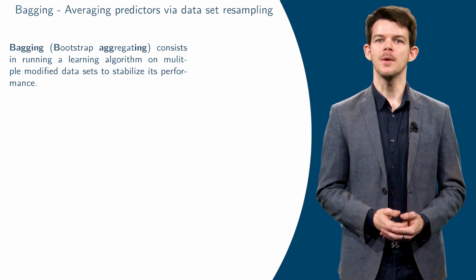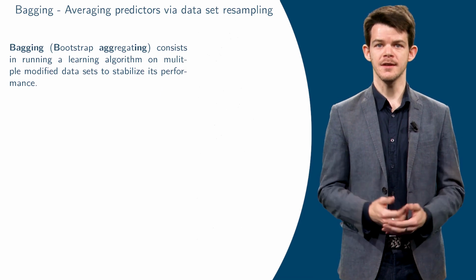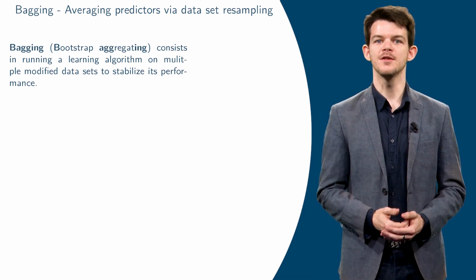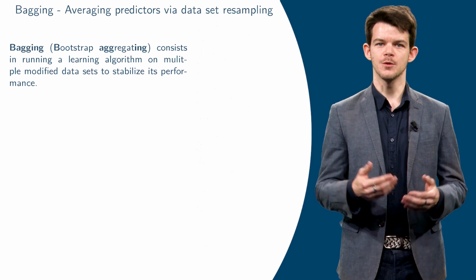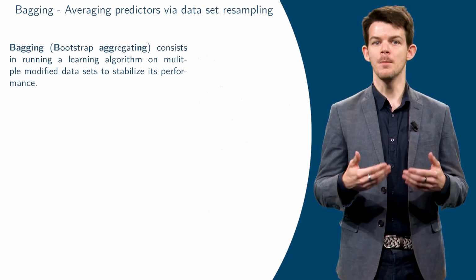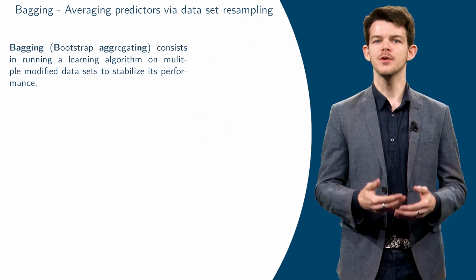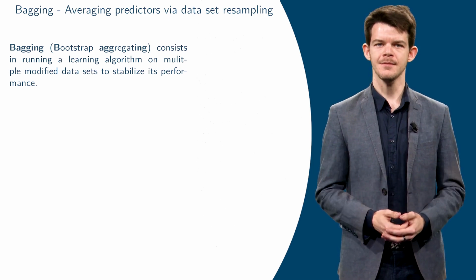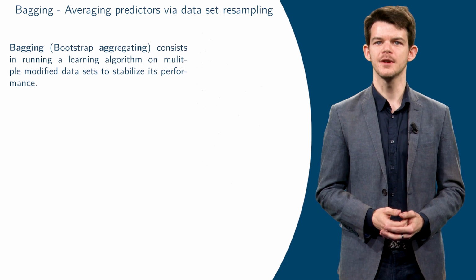Bagging consists of applying a learning procedure on several datasets, resulting from the subsampling of the initial dataset. These results can then be aggregated by taking their average or by computing a majority vote to obtain a more stable prediction. The subsampling step is performed by applying the bootstrap technique.